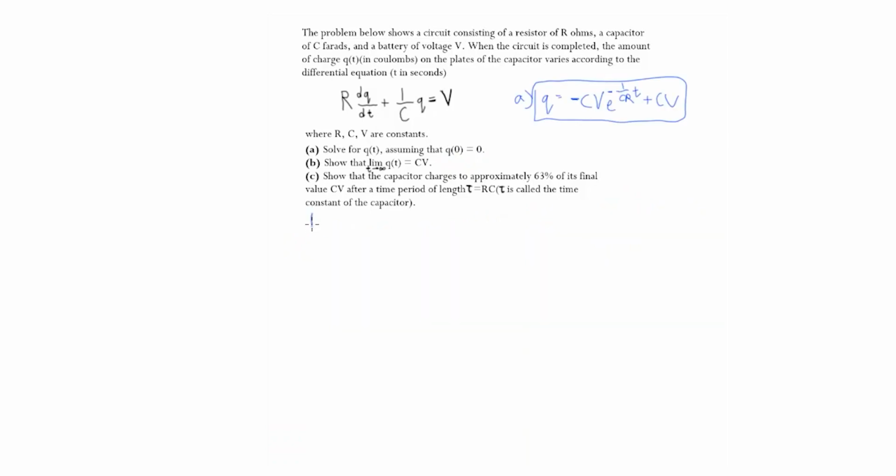And part B, so we're going to have to take the limit of that equation. Q is equal to negative CV e to the negative 1 over CRT plus CV. Okay, so they want us to take the limit when t approaches infinity of this equation, and they want us to prove that the said limit is CV.